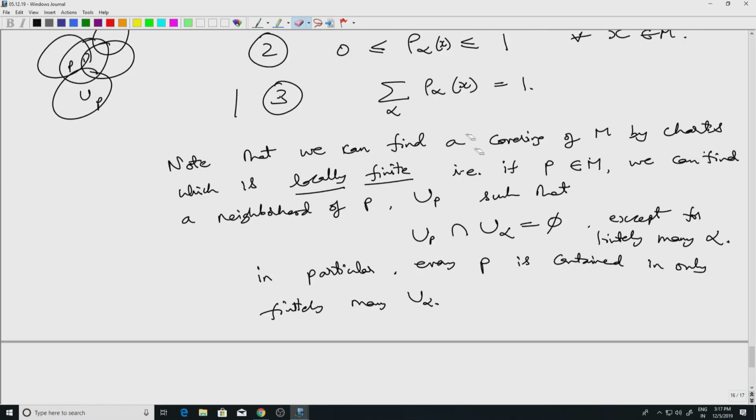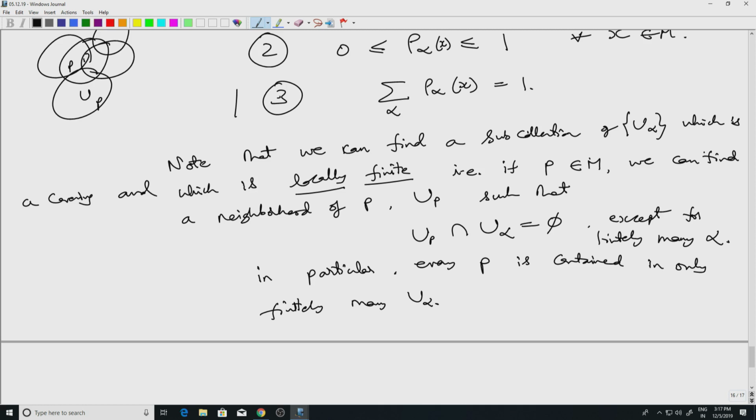So what I need is a subcollection of the same U alpha which is still a covering, subcollection meaning we can discard some of the original U alphas, and which is locally finite.